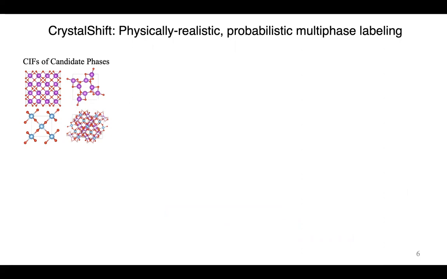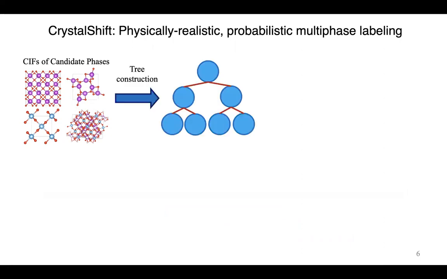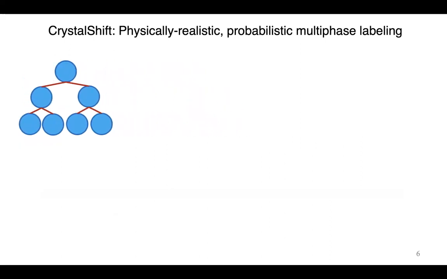So this is a high-level overview of what's going on in this algorithm. We start with a list of CIF files. We construct a tree trying to enumerate all possible phase combinations. To make it more concrete, we have alpha phase, beta phase, alpha plus gamma, alpha plus beta, and so on and so forth.